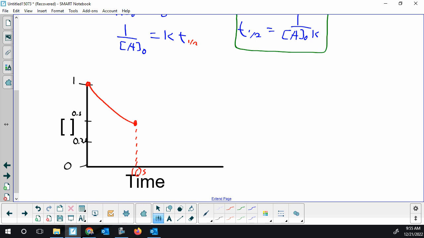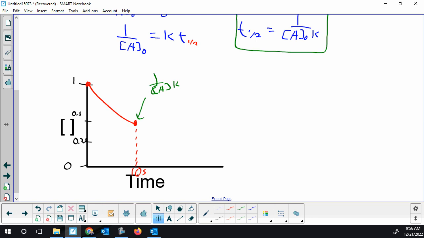Now if we wanted to calculate the next half-life, you've got to redo the math at this point. You have to go 1 over the concentration times the K value. Even though the formula says the original concentration, it's not necessarily at the start of the reaction, it's at the start of the half-life. So the second half-life is starting here.